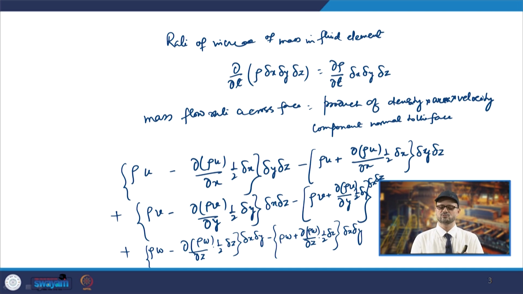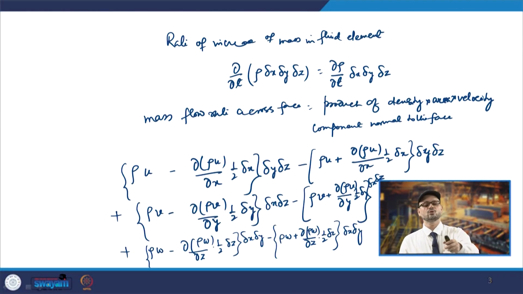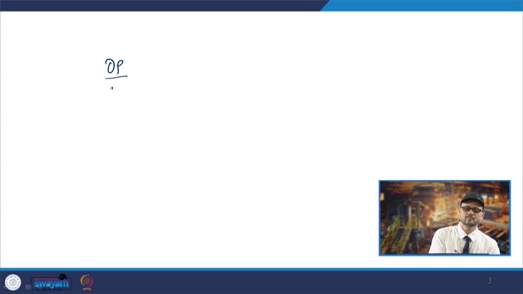So, these two terms will be added, and there will be a negative term of minus ∂(ρu)/∂x Δx Δy Δz. So, that is what you are getting, and this will be the term ultimately together, and that will be equated to this term. So, what you get is this term ∂ρ/∂t Δx Δy Δz.